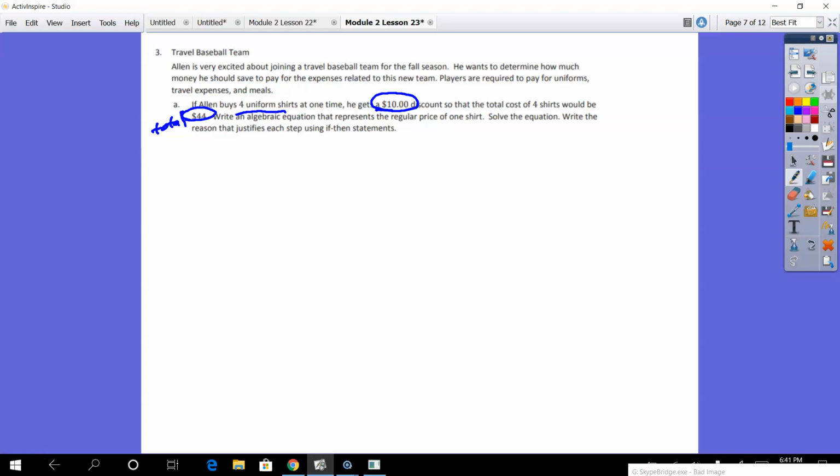Okay, so we know our total is going to be $44. And we know that he's buying 4 shirts. The shirts are all going to be the same price. So we're multiplying 4 times the number of shirts. And then we're getting a $10 discount, so we're taking away $10 from that original price. Okay, so this one's a little different. We are seeing that subtraction, and we haven't been seeing that in our problems.